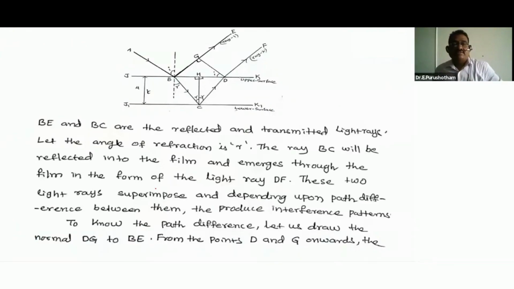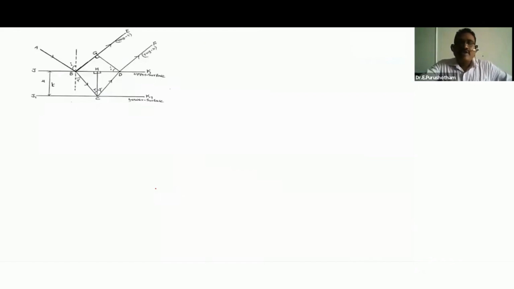You can see here. Just observe, I am going to draw this. Take your pen and paper. I am going to draw here. Take one line. This is J, this is K. JK is the upper surface.